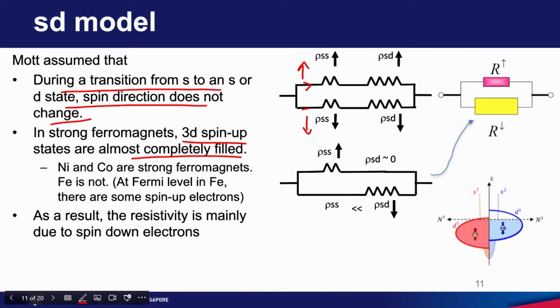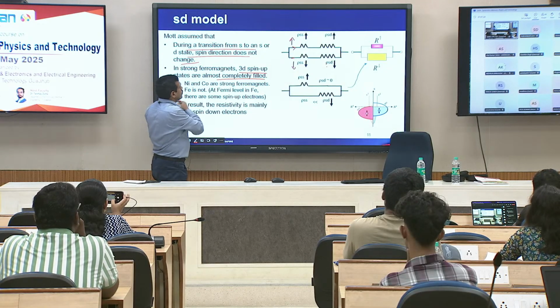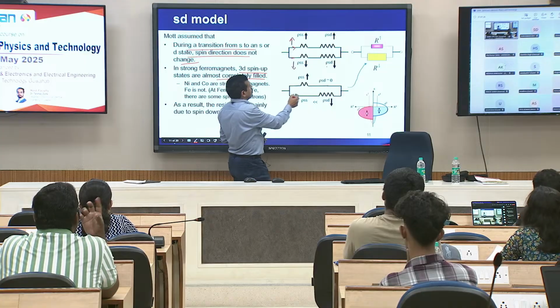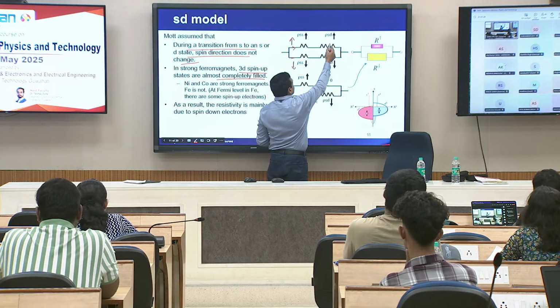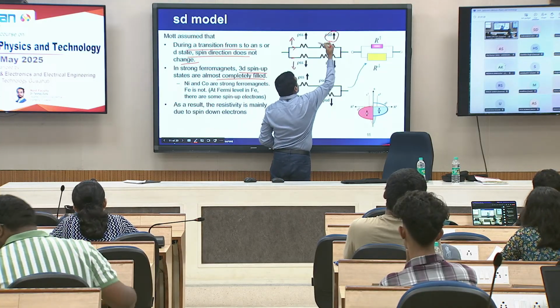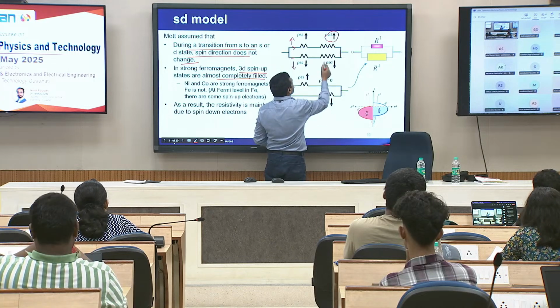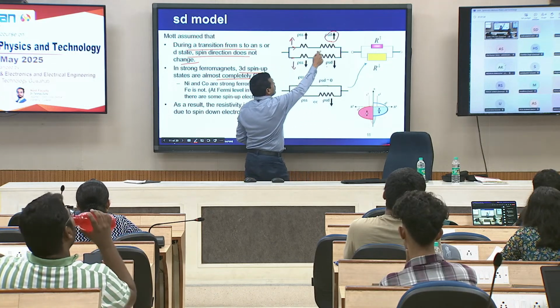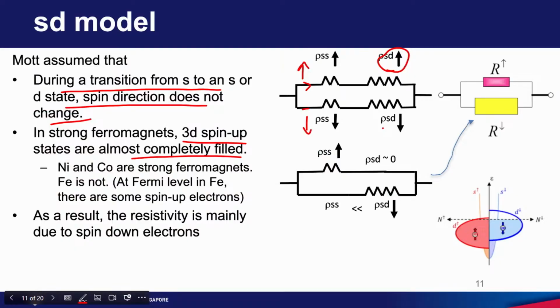The other one is S down gets scattered into S down, or gets scattered into D down. But we just discussed that D up is completely filled or mostly filled. So, the probability of an S up electron getting scattered into D up is almost 0. So, we can remove this resistance.